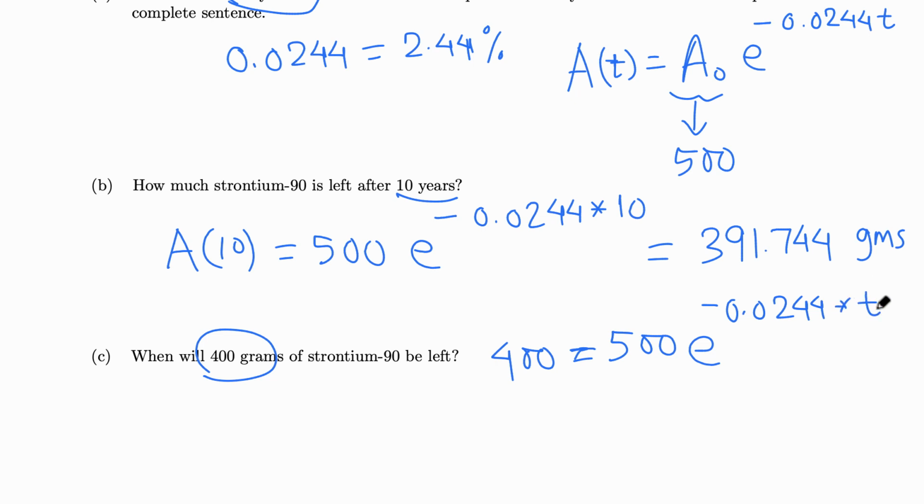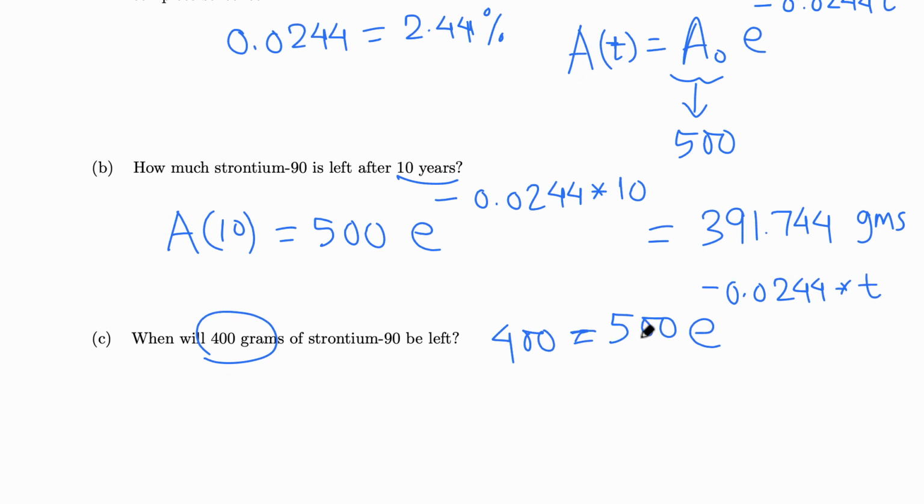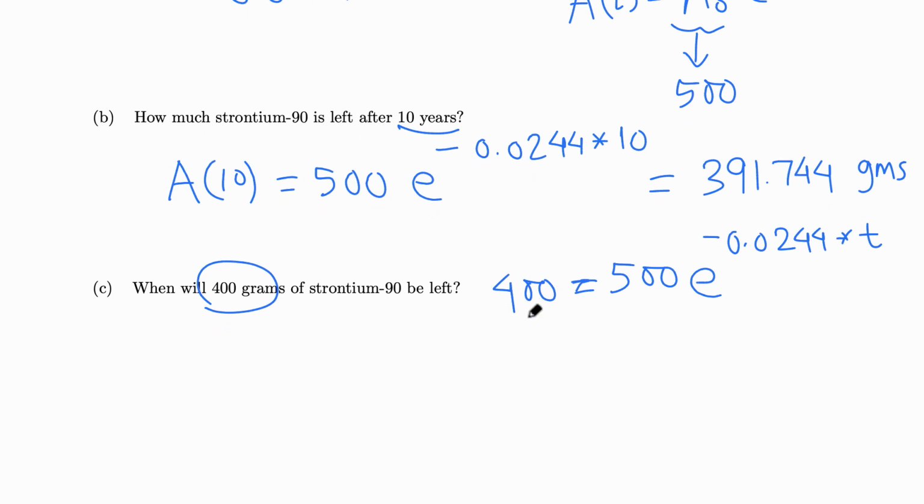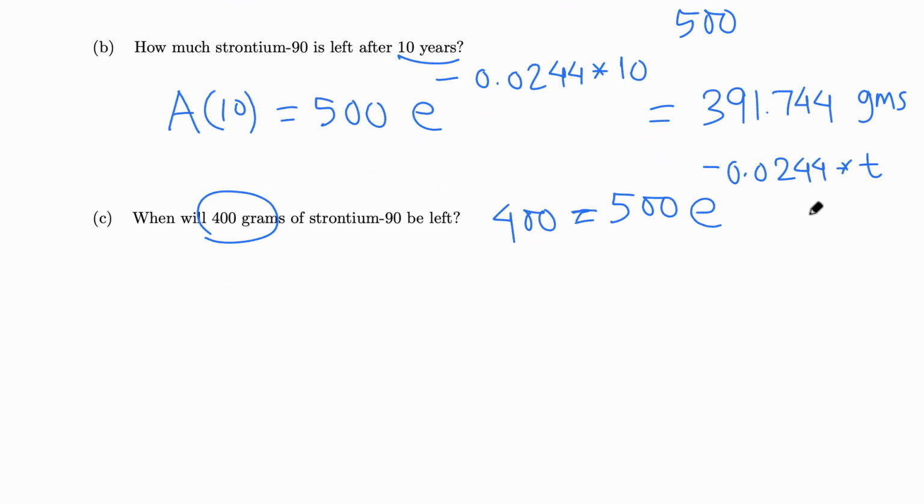So we're going to find this time t, starting with 500 to get 400. We need to solve this equation for t. First we divide both sides by 500, so 400 over 500 equals e raised to negative 0.0244 times t. This is pretty much 4 over 5.